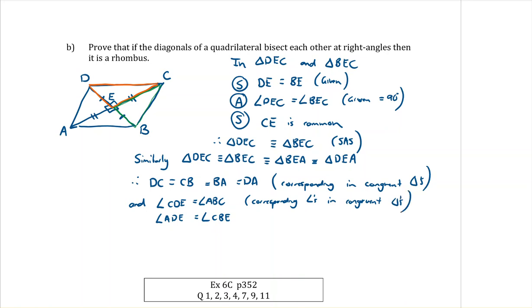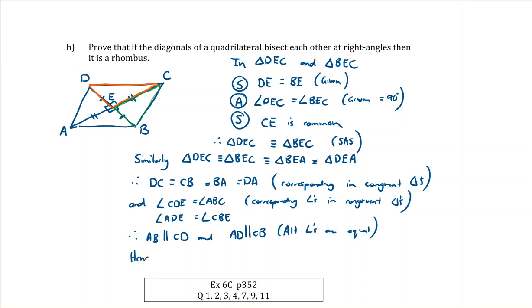Okay, so that means that I've now shown that I've got some alternate angles are equal. So that means, therefore, AB is parallel to CD and AD is parallel to CB because the alternate angles are equal, which means they must be parallel.